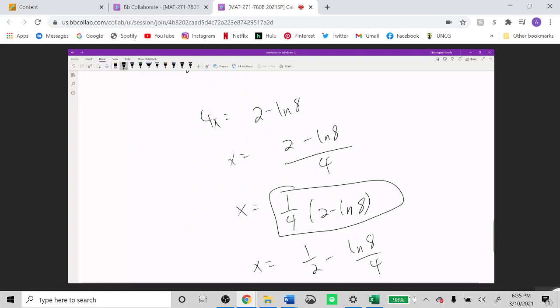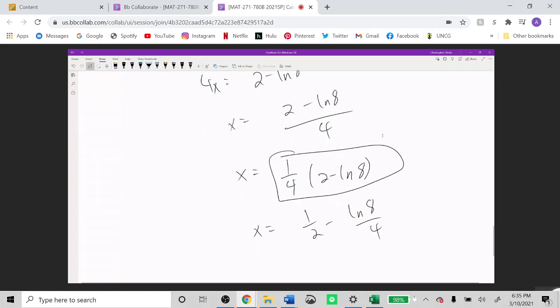Right. So why wouldn't the number that's 1/4 be 1/2? It wouldn't be 1/2 because I divided everything by 4 here, right? So you have 2 minus natural log 8 over 4. So you could bring the 1/4 in front, or if you were to multiply it out, you could.